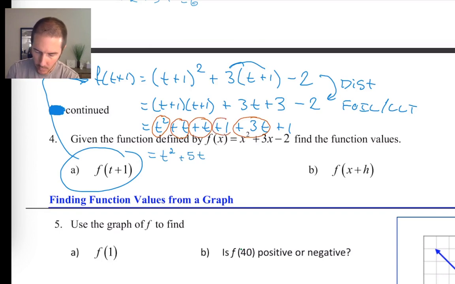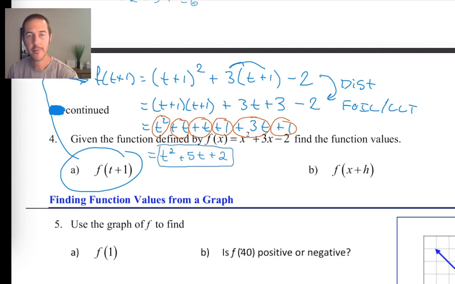I see a plus 1 here and a plus 1 there, here a plus 1, there a plus 1, for a total of 2 plus 1s. And so this is t squared plus 5t plus 2. This is f of t plus 1. It's the result of having plugged t plus 1 into our function f.